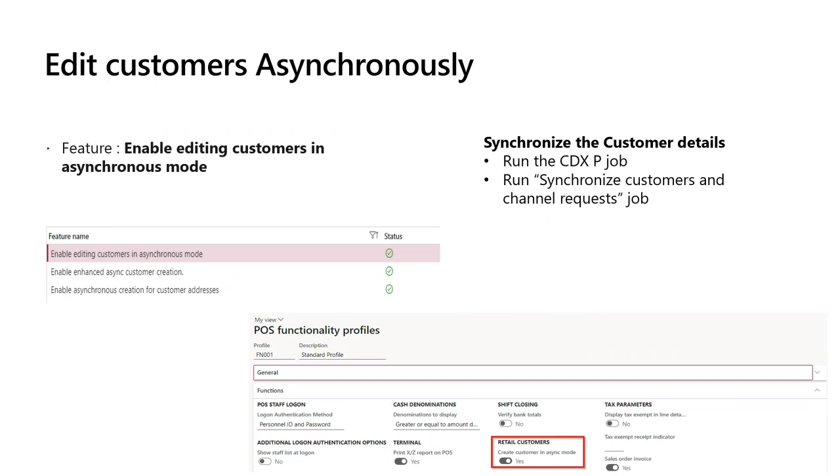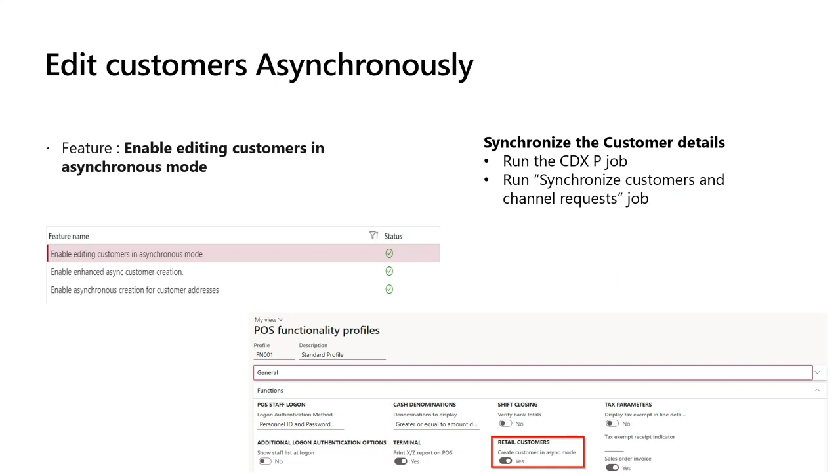This will eventually remove the dependency on CDX real-time calls, which will result in better performance, and it also releases workload from commerce headquarters. The real-time customer creation and editing were bottlenecks when there are backend integrations enabled. For example, dual write.